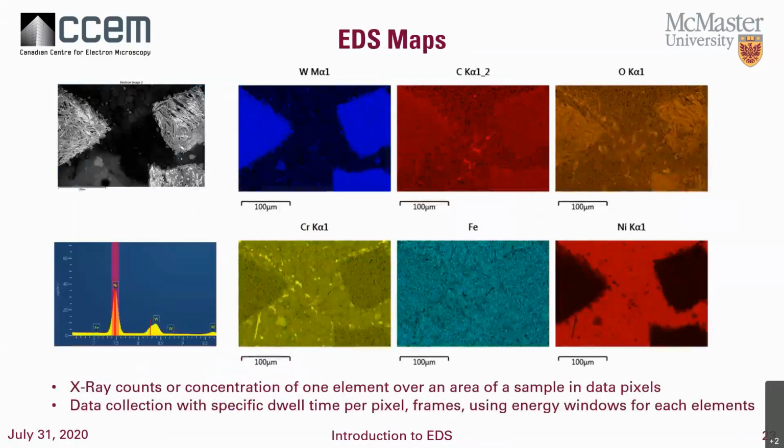Mapping, something a lot of people like to do, gives you nice colored pictures of things. You can assign different colors to different things. So what we're looking at here is the X-ray counts or concentration of one element and a particular shell of X-rays over the area of the sample.